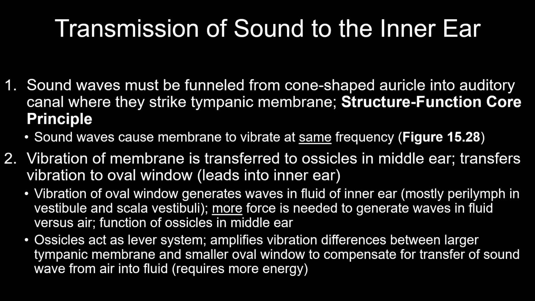And if the vibrations are sufficiently strong, they'll vibrate the tympanic membrane, and this moves, remember, those auditory ossicles, and this will cause the oval window to vibrate at the same frequency as the sound waves from the environment.